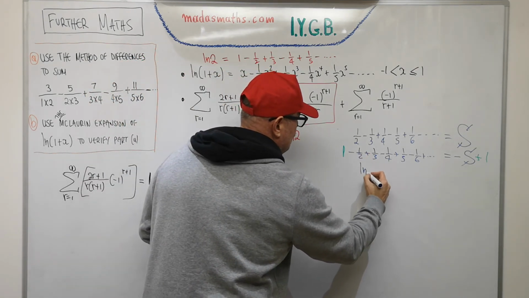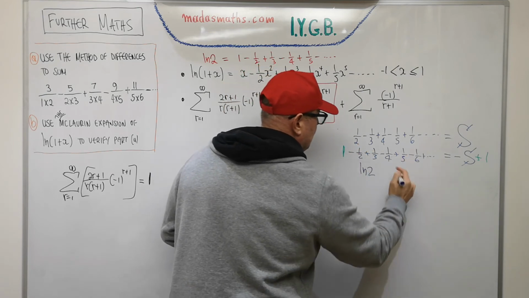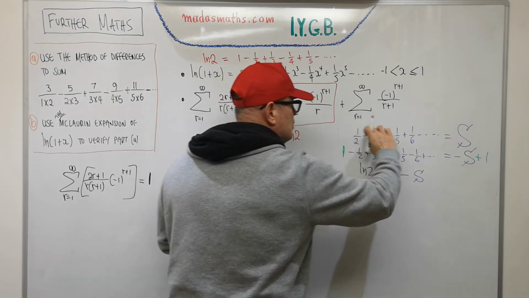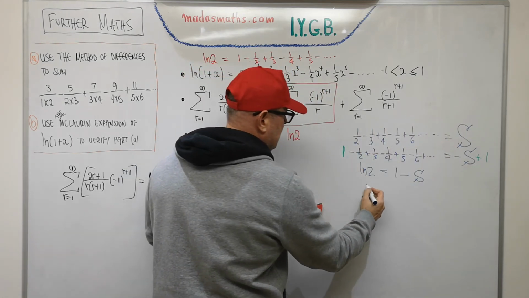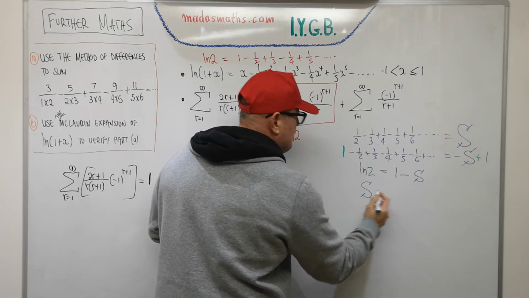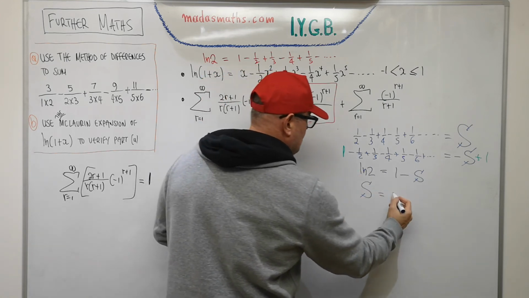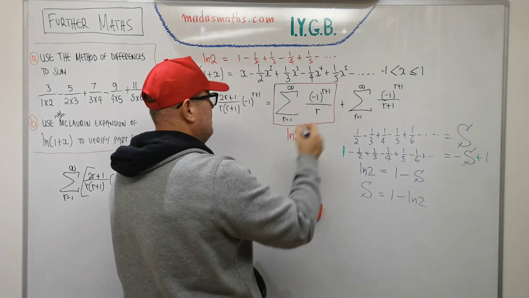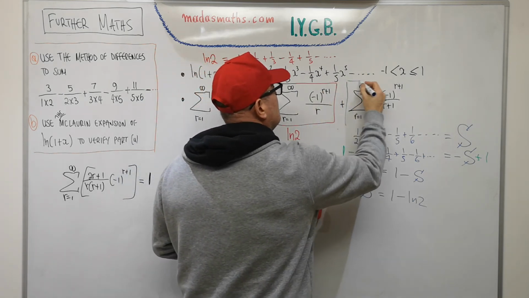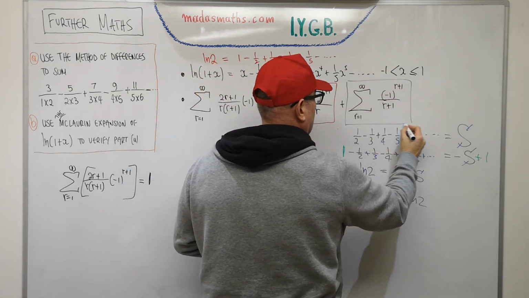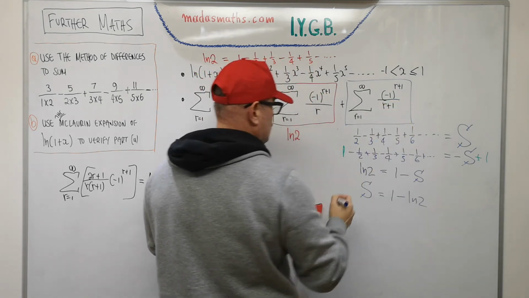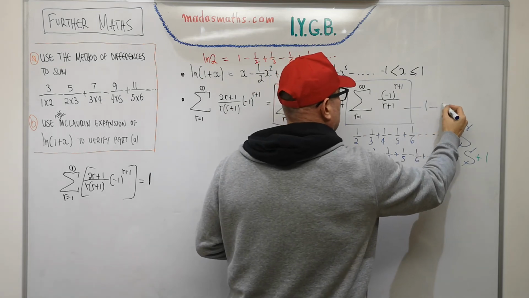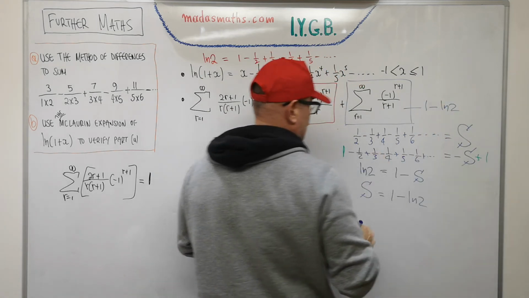So I can say the log of 2, all of this, is equal to 1 minus the answer to what I'm trying to find. Well, evidently, my S, if I move it to the left, is going to be 1 minus the log of 2. So this particular sigma, let's put in a border as well, is going to be equal to, I'm going to write on the side, so I have no space here, 1 minus the log of 2.